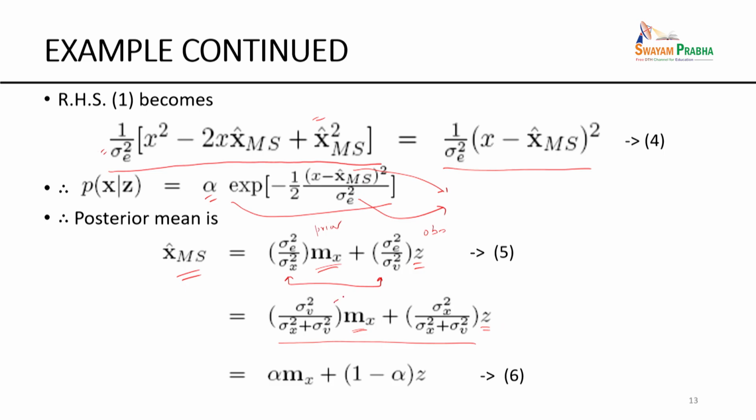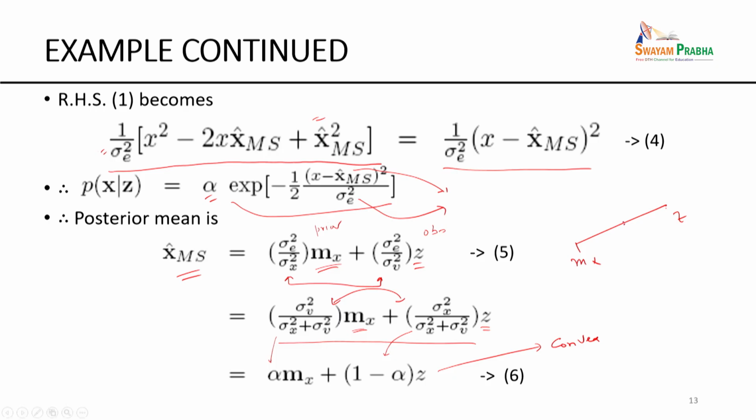Now, if you look at the definition of these two quantities, you can see this is alpha, that is 1 minus alpha. So this is a convex combination. In fact, it's not only a linear combination, it's a convex combination. So what does the convex combination tell you? This is mx, this is z.